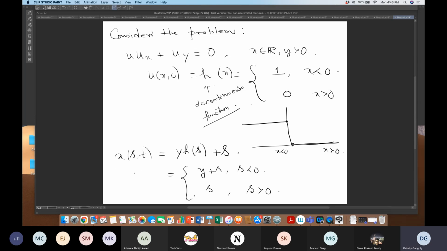What is the speed, del x by del t? It is h of s. So the speed is 1 if s is negative, and if s is positive, the speed is 0. The slope is infinity.